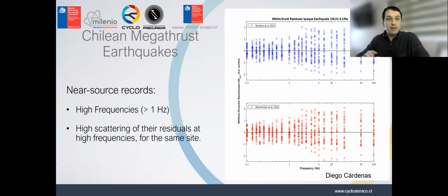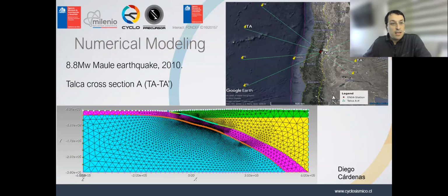One of the important uncertainties that we have for the ground level shaking is the high frequency end of the spectrum, where we observe high uncertainty and large residuals. These large residuals are being tackled by Diego Cárdenas using numerical modeling. The near source events prove to have high uncertainty, with either low or high residuals.